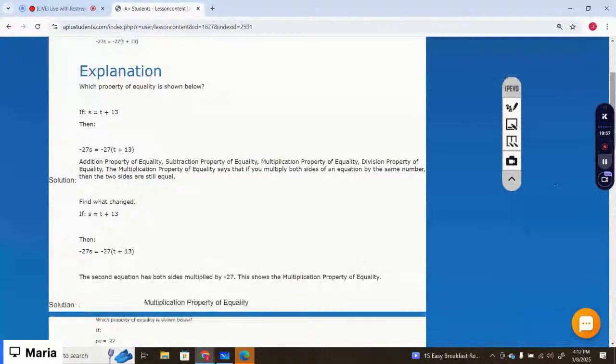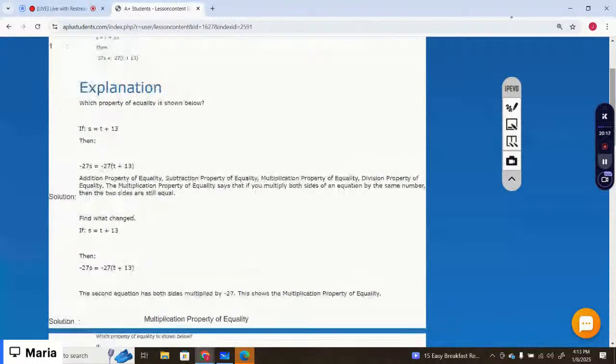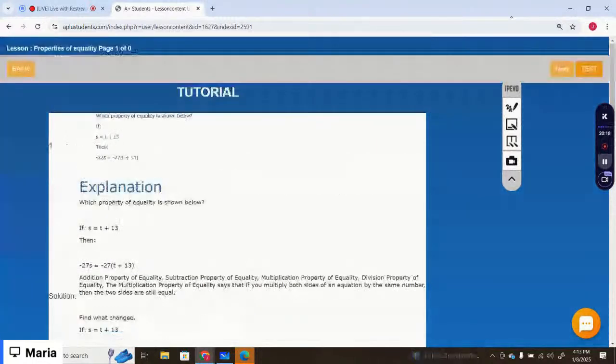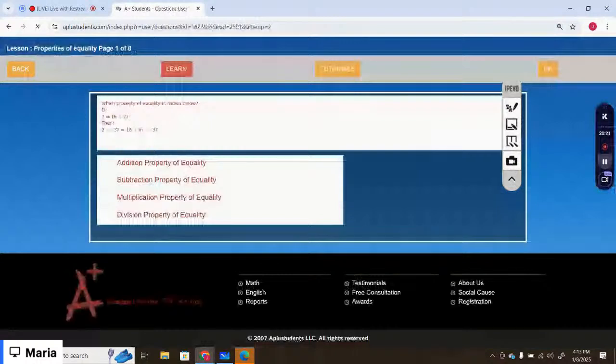You are given the value of s, that is t plus 13, right? Then negative 27 times s, you replace that s with t plus 13, that is negative 27 times t plus 13. That is multiplication property of equality. Got it? Let's just start with the test questions.